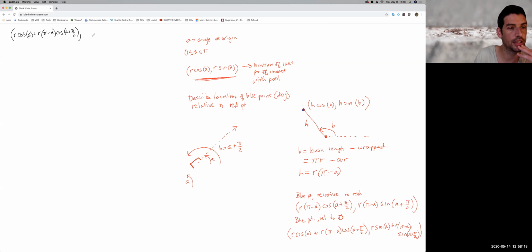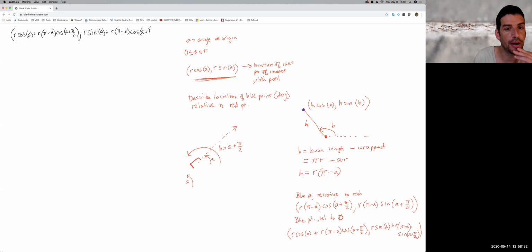That's the x coordinate. The y coordinate is r sine A plus r times (pi minus A) sine of A plus pi over 2. Okay, so I'm going to erase everything else.